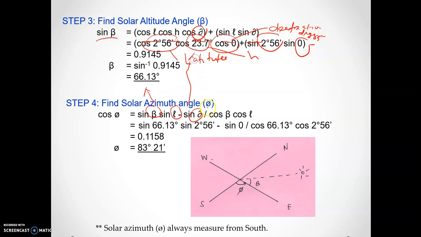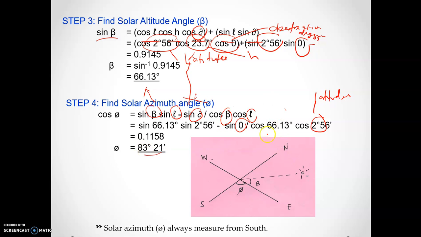You found the declination for the month of September is 0, and then cos beta is what you have calculated here, and the cos L refers to the table, which is 2 degree 56 minutes, the latitude here. So cos phi is equal to 0.115. So shift cos, and then you get the answer of 83.21.